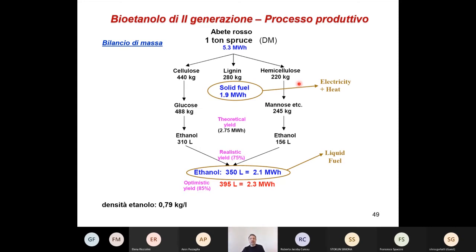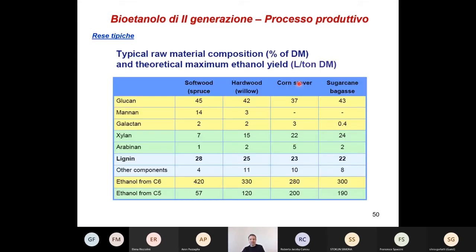Then you have a lot of material if you want to go in detail. I repeat, we have no time to consider every one of these slides in these hours. Some other information about softwood, for example, spruce, the one we analyzed here in detail.